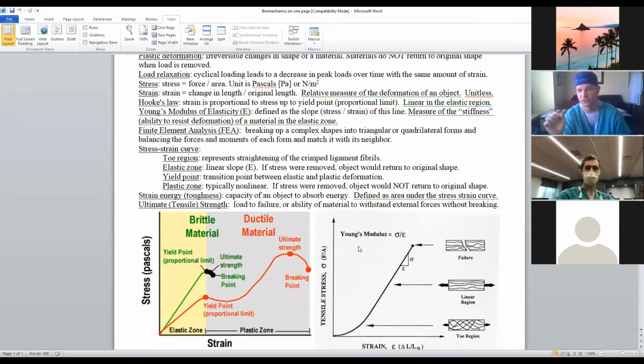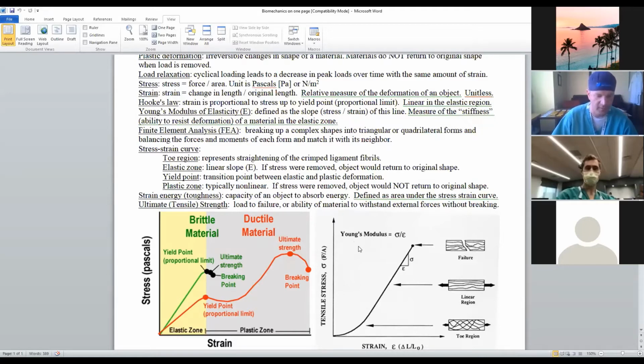They usually use trapezoids or triangles or some sort of polyhedrons, but it's basically a way to break up a more complex shape into simpler things and then balance all of the stresses and moments about each one. There was a question on that long ago. So now that you've seen the definition of finite element analysis for orthopedic surgeons, hopefully you'll be able to click on it and get it right.